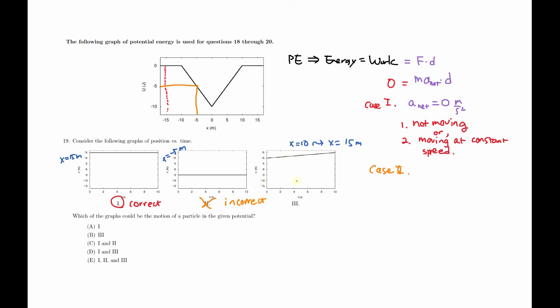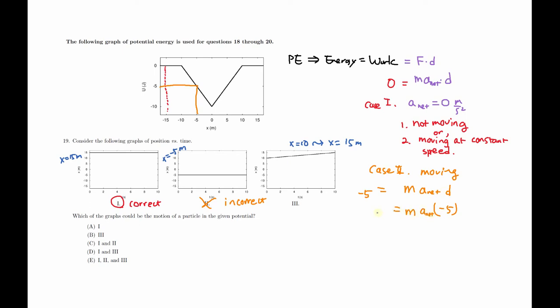And our case 3, so technically this should be moving. Okay, we have ma net times distance. As we see in our graph, we have a -5 joule, and our distance is -5, so we can replace that d, and mass has to be positive.